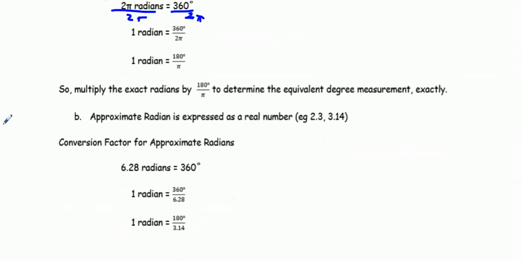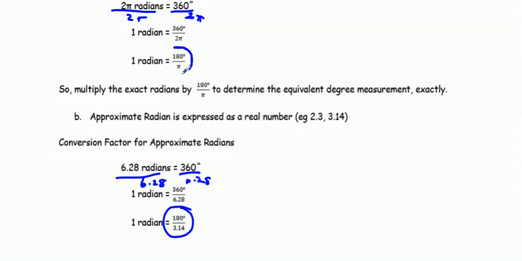To get the approximate number, we would take 6.28, which is 2 pi, right? Pi is 3.14, so 6.28. Divide both sides through by 6.28, and we would end up with 1 radian is equal to 360 over 6.28, or 1 radian is equal to 180 over 3.14.